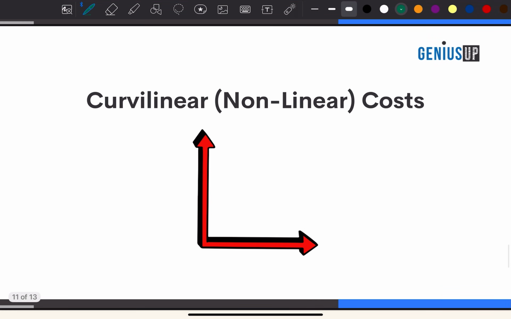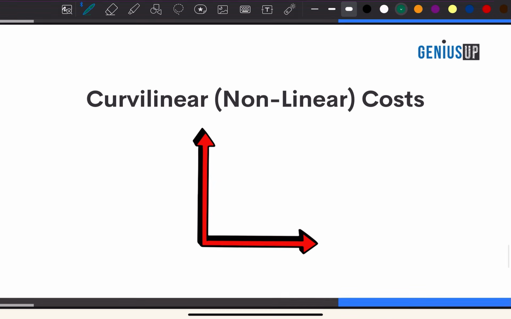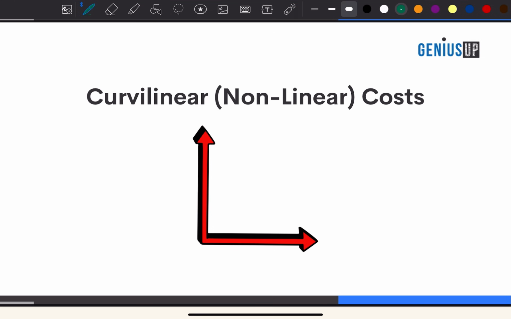And then you have curvilinear, or nonlinear, cost. So a nonlinear cost is a cost that is weird. These two are really weird costs that we don't see that much. For example, you have to incur a lot of cost in the beginning because you're doing some research, but you reach a certain point where the cost drops because you've done the research. Now you understand how to be more efficient, and the costs drop.